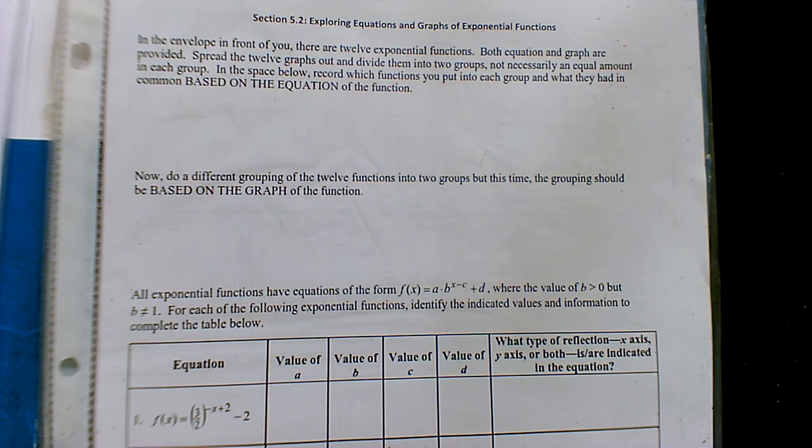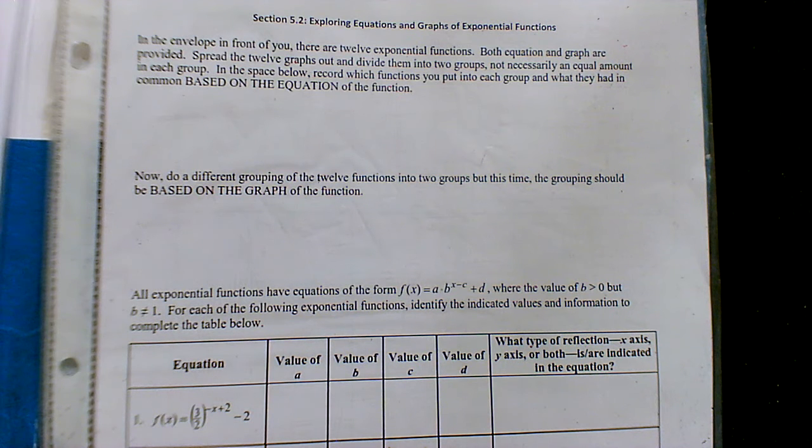So what I want us to do first, looking at all 12 of your cards, I want you to only look at the equation. Do not worry about the graph just yet. Okay, only look at the equation. I want you to divide your group of 12 into 2 groups. They do not have to be equal groups. Okay, you don't need 6 and 6. Maybe you have 2 and 10.